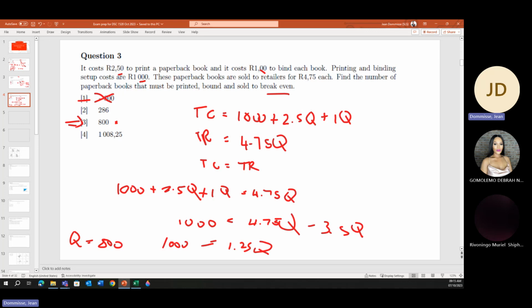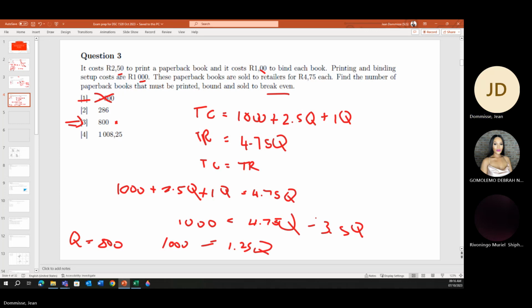I just want to check one other thing. If we added those two together, the 4.75 plus the 3.5, luckily there wasn't an answer for that.